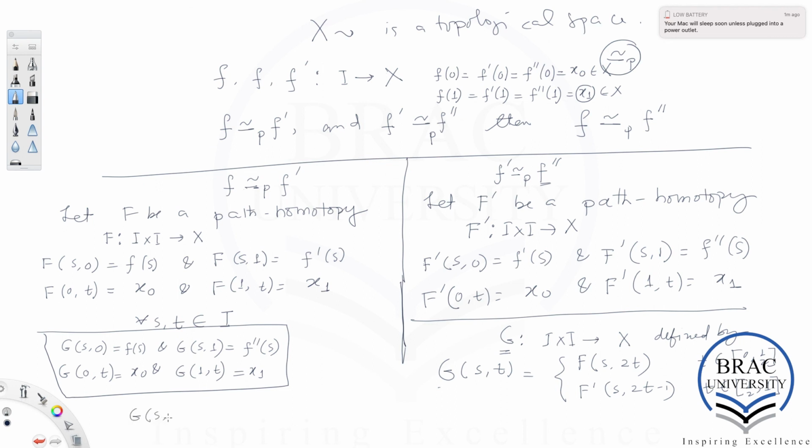G of s comma 0, see that if you plug in 0 here, then you're going to get F of s comma 0. So this is equal to F of s comma 0, and from what we have here, F of s comma 0 is small f of s. Okay, so this is proved, this is checked.